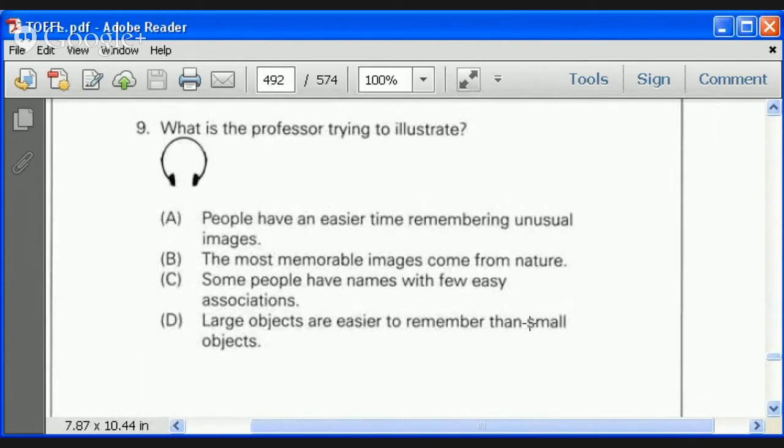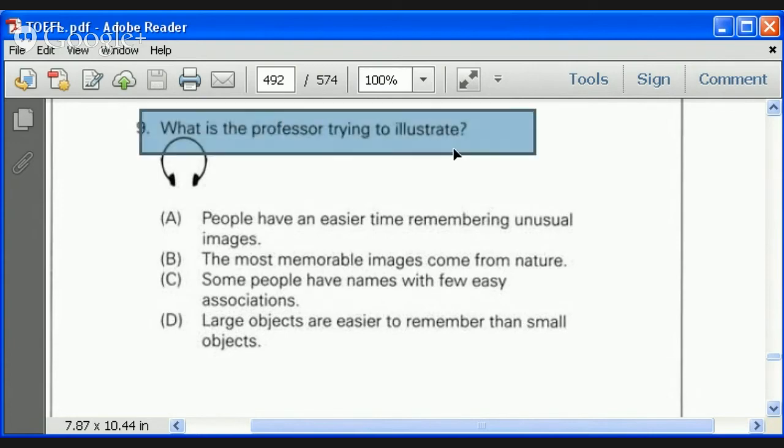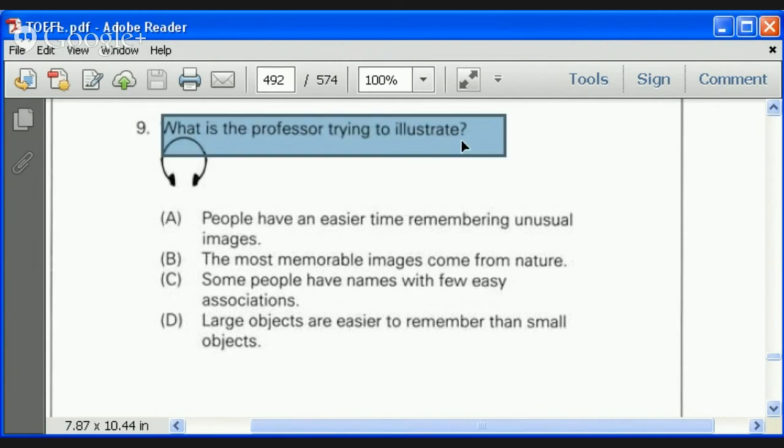Okay, what is the professor trying to illustrate? Some of the questions they will actually repeat the information. You'll be able to hear it again. In other words, this question, you wouldn't even see it. You would hear it.